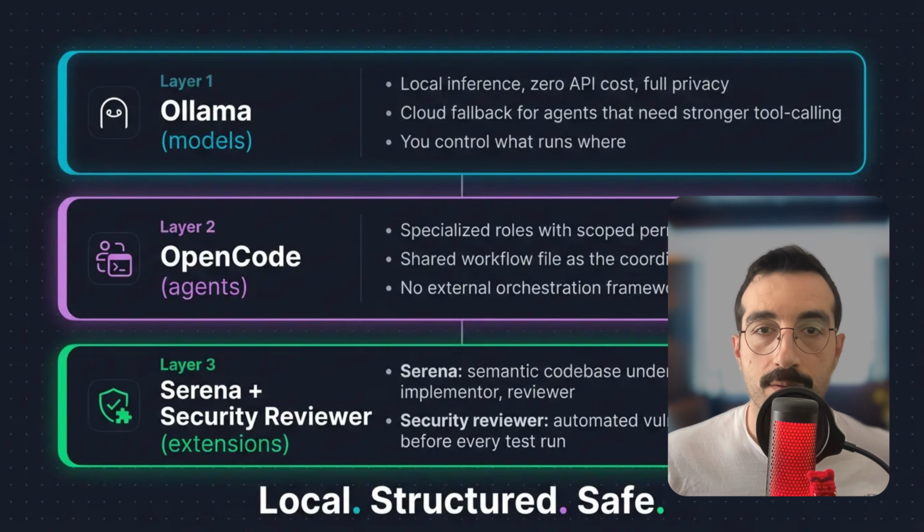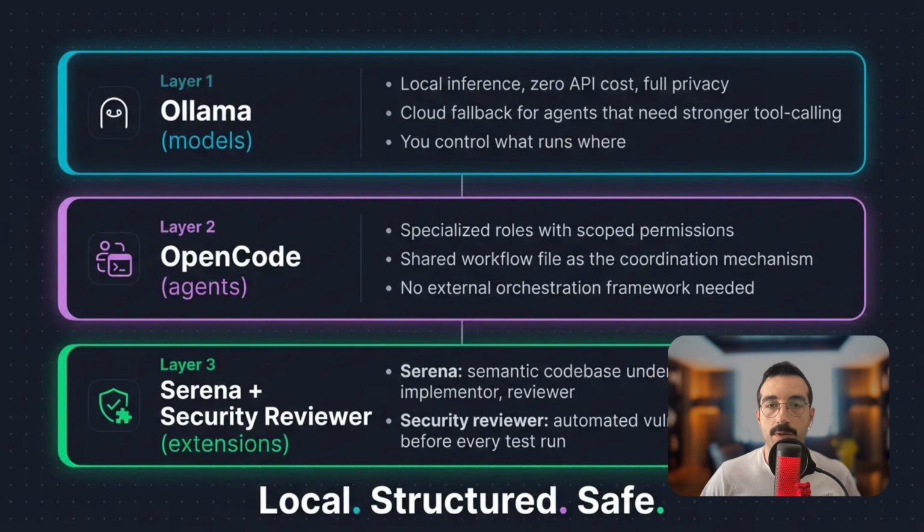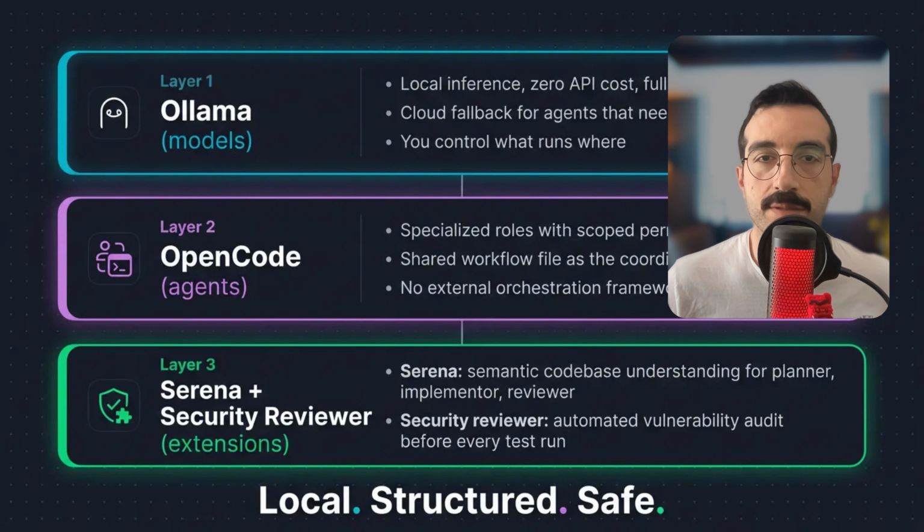3 layers. Ollama gives you the model layer. Private, free, and flexible. OpenCode gives you the agent layer. The specialized roles, permissions, shared state. Serena and the security review extend both. Better code understanding, automated security audits without changing anything else about the workflow.